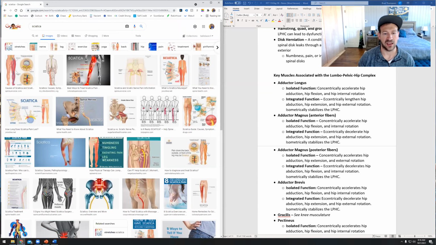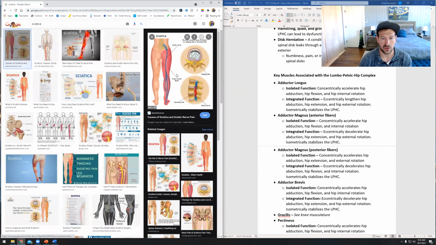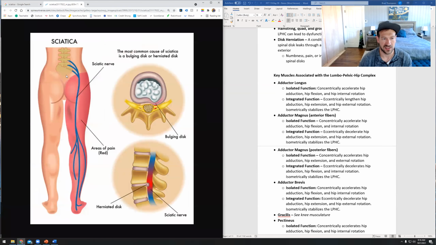Sciatica is where this nerve at the very bottom of your spine, this bundling right here, branches out and then travels down. It's in charge of controlling your legs. If you have a herniated disc in your L4, L5, it will pinch that sciatic nerve, which will cause a shooting leg pain sensation.